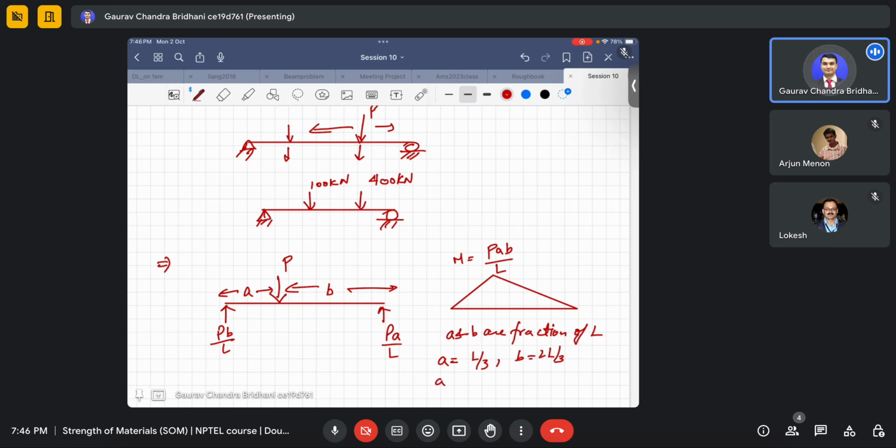So what is the value of AB? It is 2L square by 9. Just calculate using your calculator. What is 2 by 9?